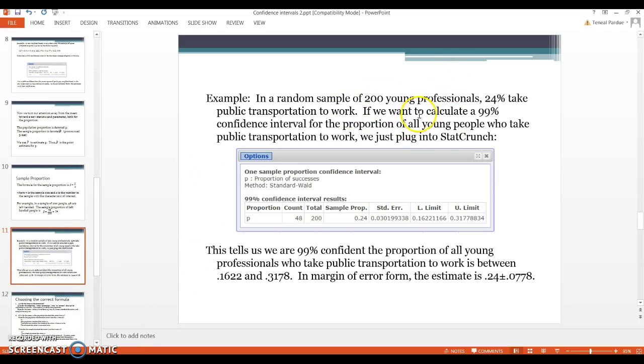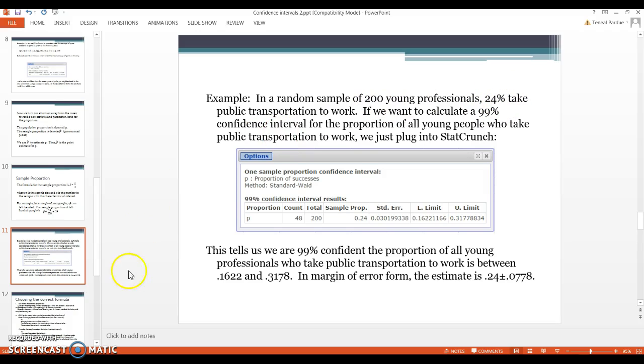So let's do an example here. We've got a random sample of 200 young professionals, and we find that 24% take public transportation to work. We want to do a 99% confidence interval for the proportion. Now here we can't phrase this data as 24 out of 200 because this is a percentage.